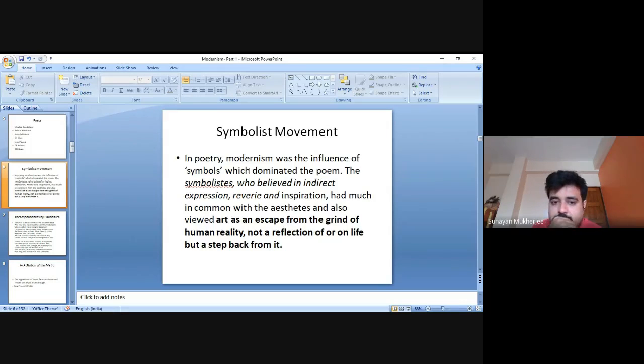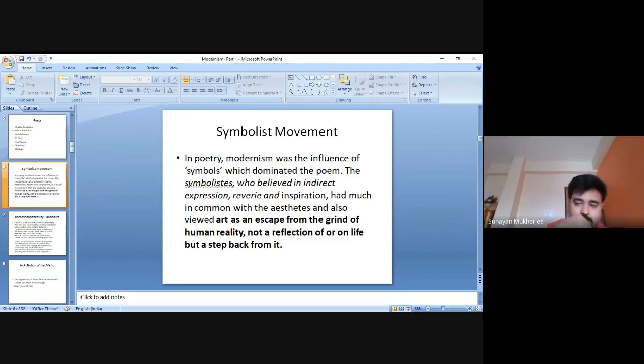And what is that? It is the symbolists who believed in indirect expression, reverie and inspiration, which had much in common with the aesthetes, and also viewed art as an escape from the grind of human reality, not a reflection of or on life, but a step back from it. This is very important.